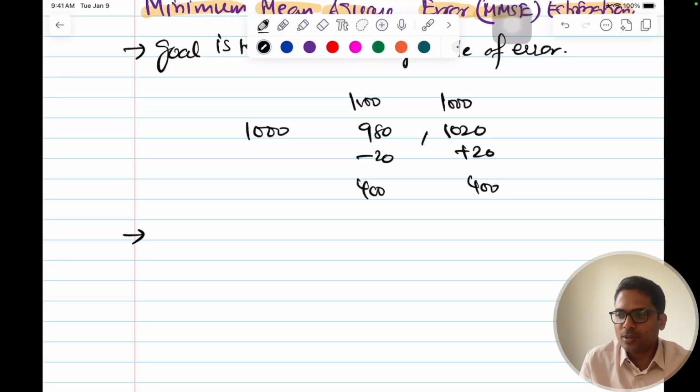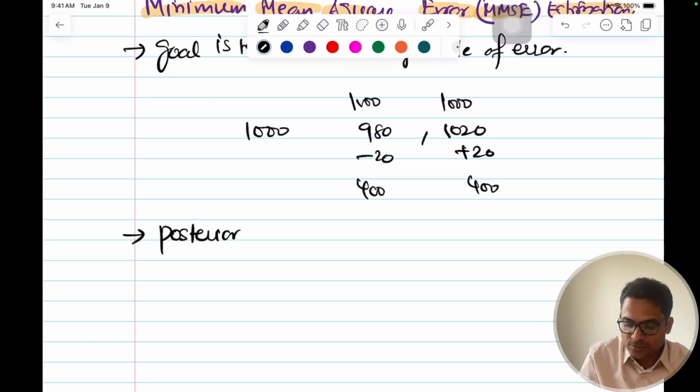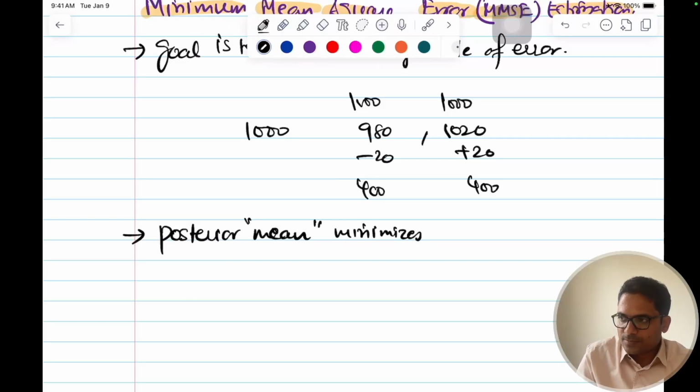Let's see. So what does MMSE do? It minimizes the mean squared error, and the estimate is the posterior mean.